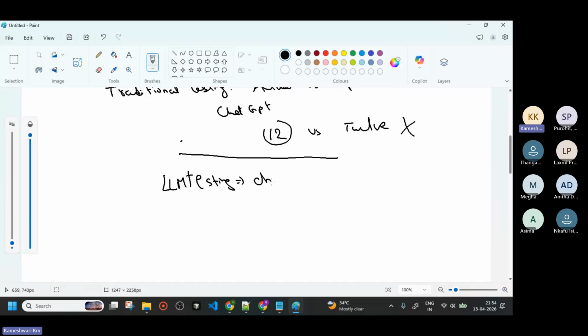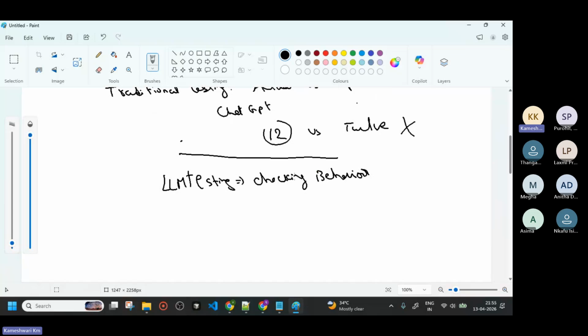Till now, what we have learned is that an LLM is predicting the next word. But now we are going to validate whether the predicted word is correct or not. That is the behavior.